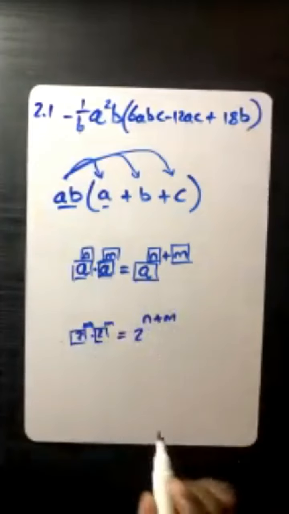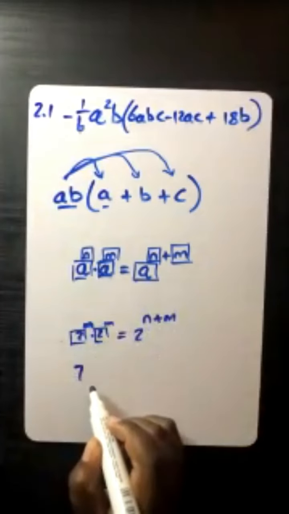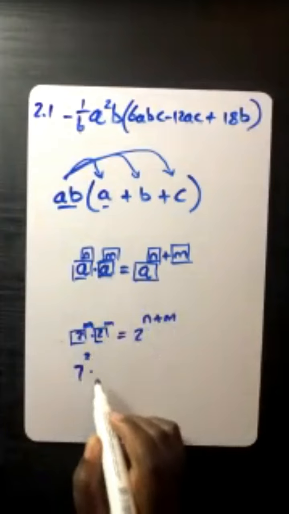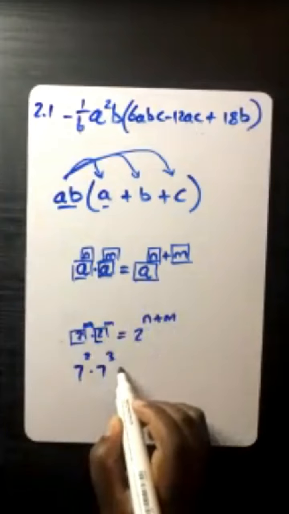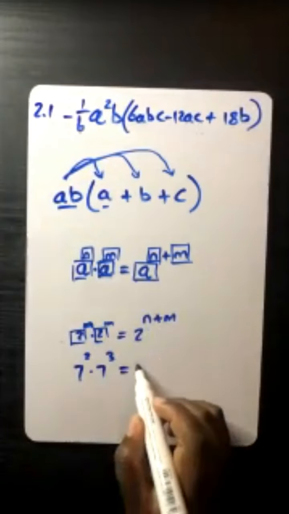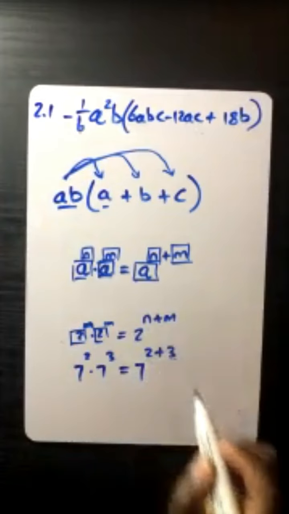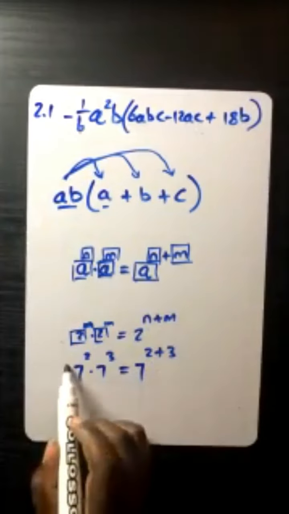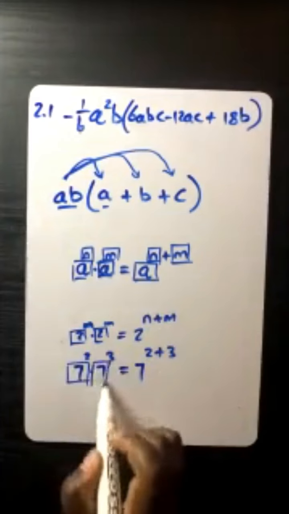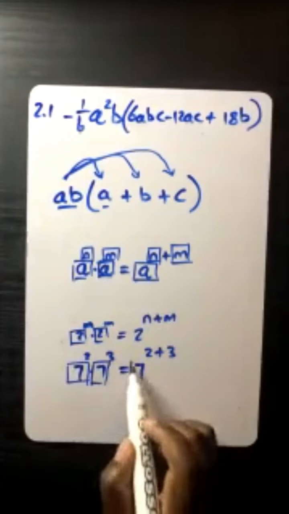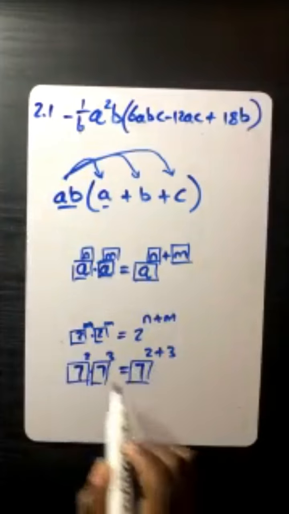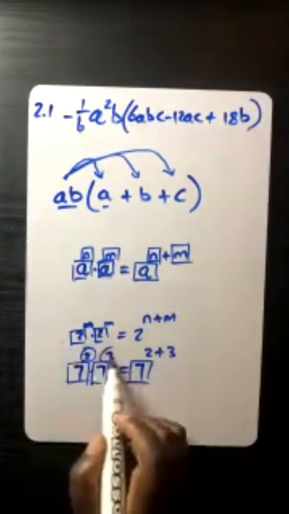Another example, if you've got 7 to the exponent 2 multiplied by 7 to the exponent 3, Shreyas, this is the same as 7 to the exponent 2 plus 3. Why? Because the bases are the same. When the bases are the same, you can just write one base but must add the exponents.